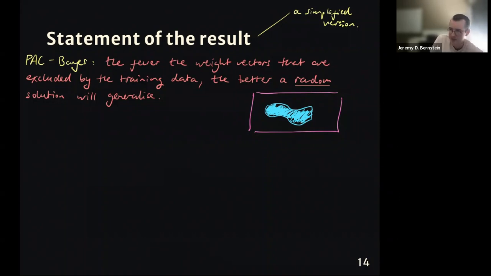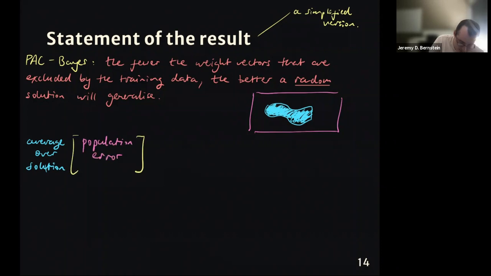But the formal-ish statement is, we average over solutions, meaning that we think of this solution space and then we integrate over it. And the thing that we integrate over it is the population error. Remember that the solutions get 100% training error, but we're interested in what the population error is.